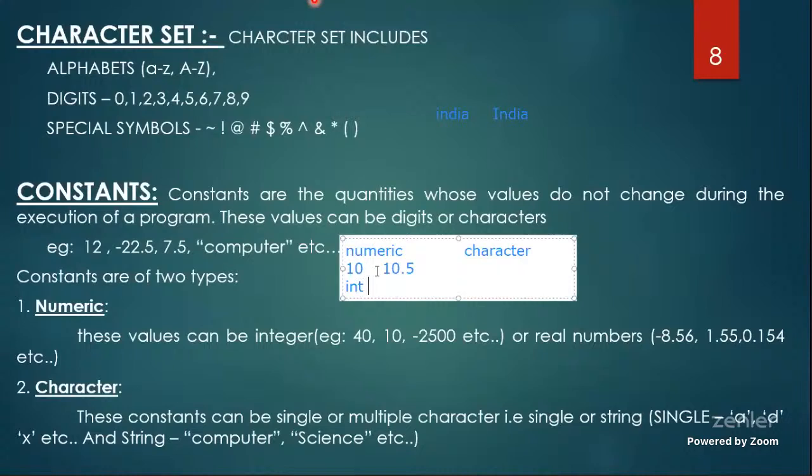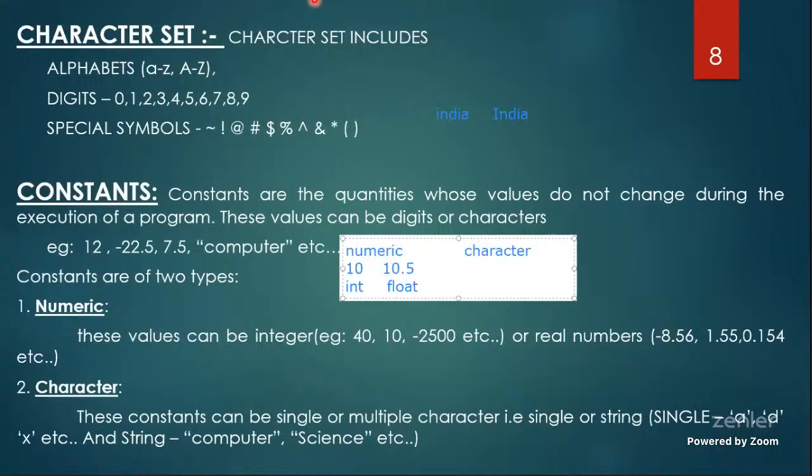Numbers are of two types: one is the whole number and the other is the number with a fraction. The whole number will be stored under the data type int, and the number with a fraction will be stored under the data type float. Is it clear? Yes or no?